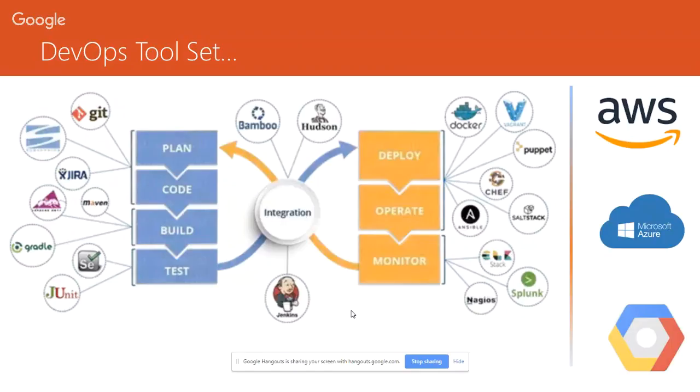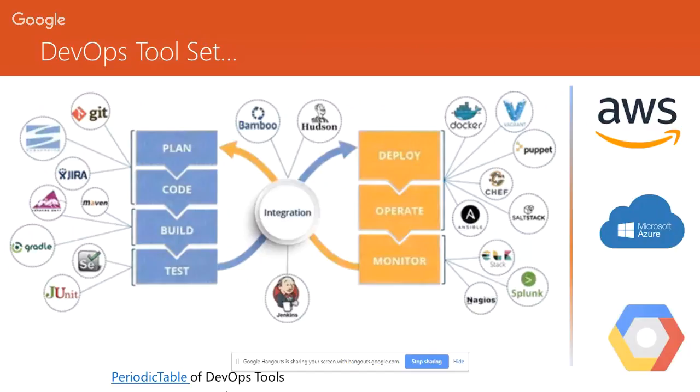Before starting to learn the tools, it is always better to do a DevOps assessment, understand where the gaps are, and then fill those gaps by making either technology changes, process changes, or team changes. It depends on what kind of problems you're going to solve.